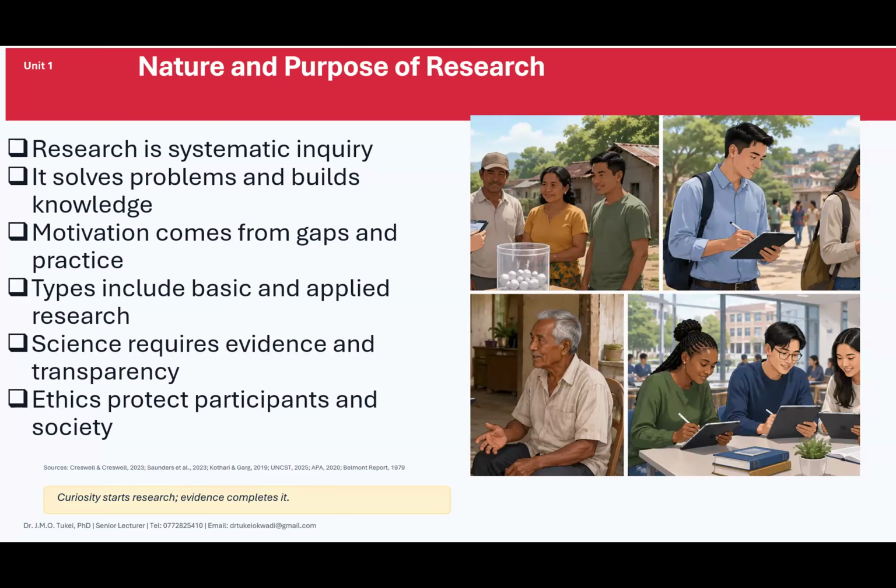Because it follows a clear procedure. It uses evidence, documents decisions, and allows findings to be examined by others. Research may be basic when it extends knowledge and theory, or applied when it addresses a practical challenge.